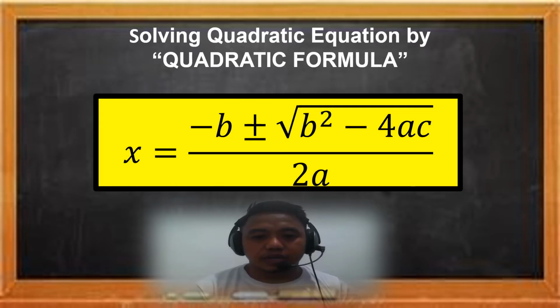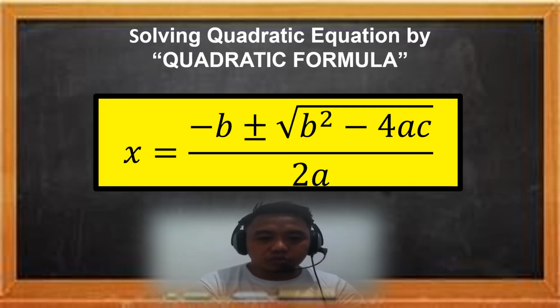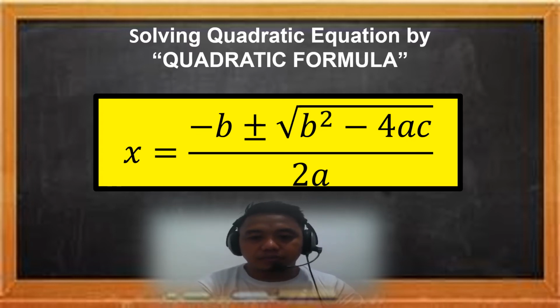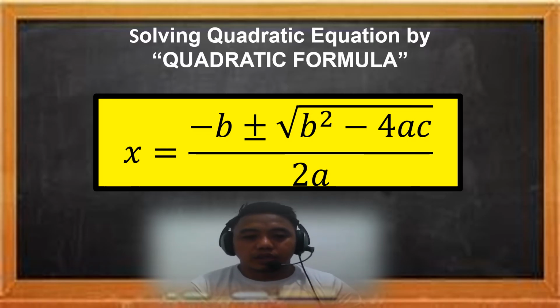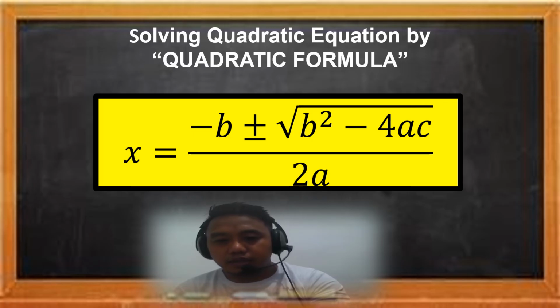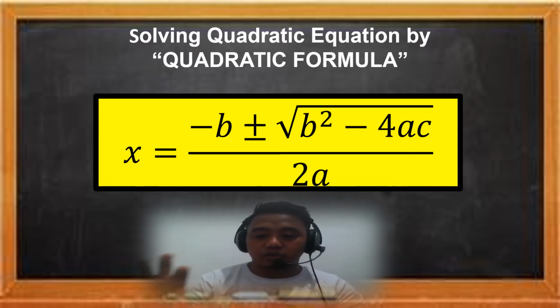So, here's the quadratic formula. The quadratic formula, x is equal to negative b plus minus the square root of b squared minus 4ac all over 2a. Okay. So, asan makukuha yung a, b, c? Doon natin yan makikita dun sa quadratic equation natin.